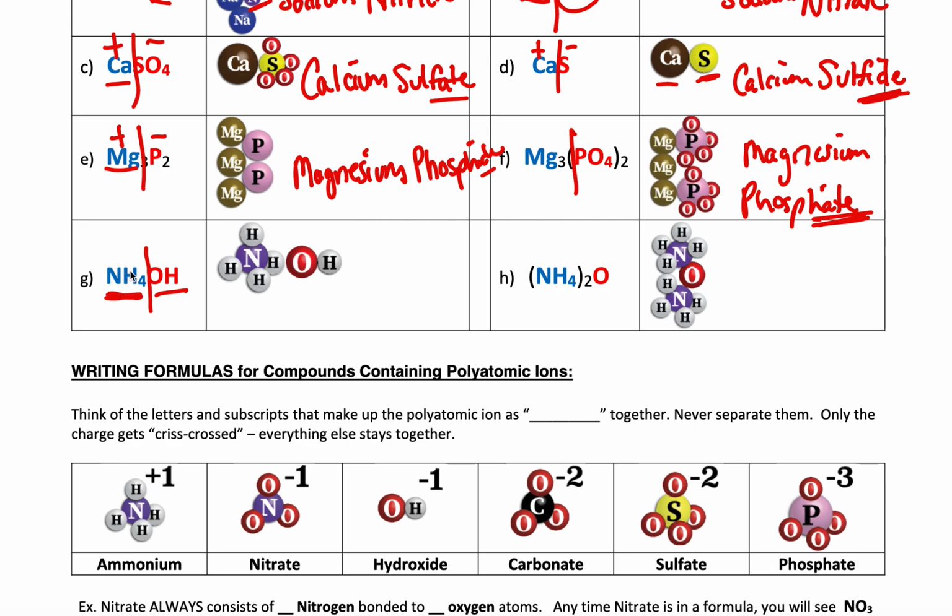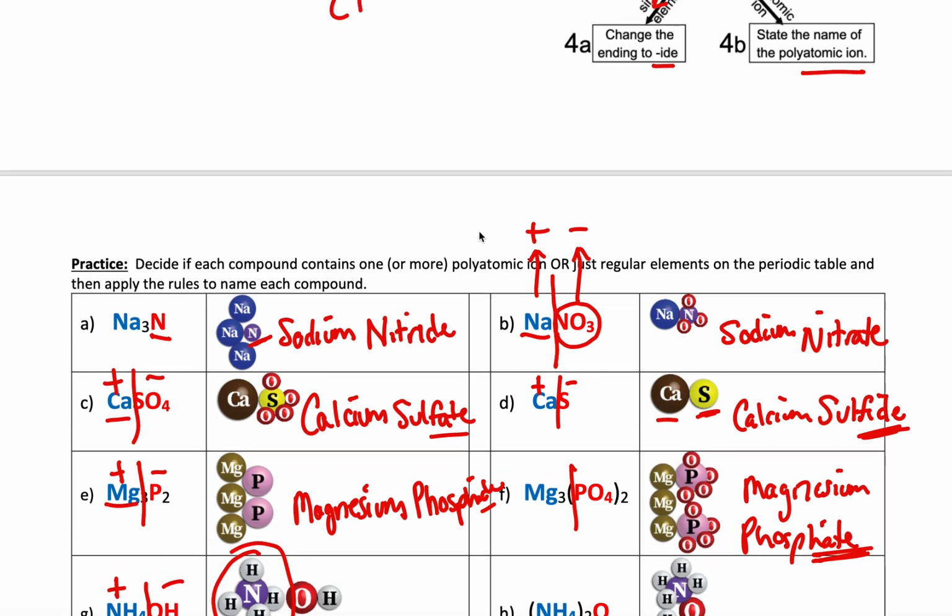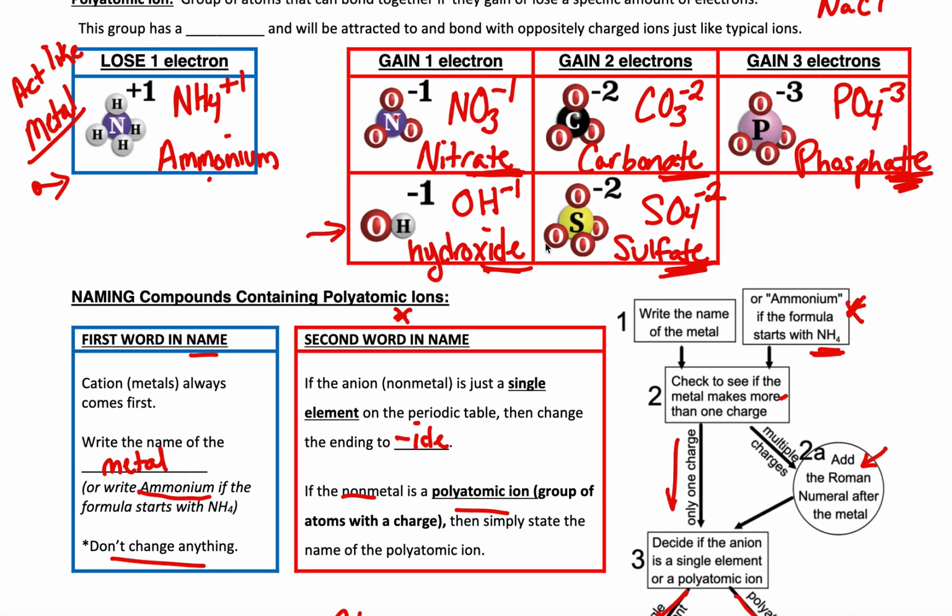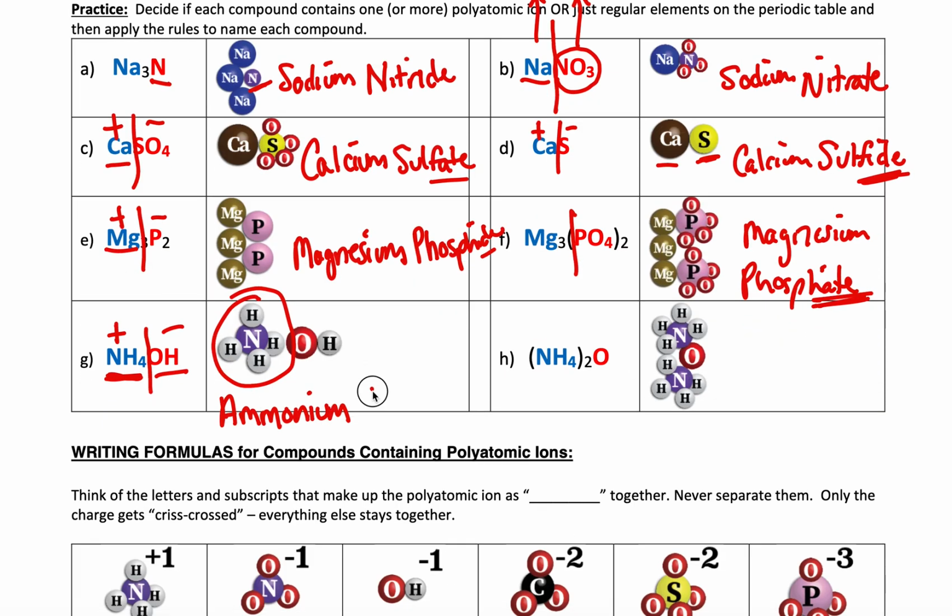Typically, it's a metal, but every once in a while, you're going to come across this ammonium group. So I write ammonium. And then, if that's my positive cation, what's this thing? Well, that's more than 1 atom. So it's not just 1 element on the periodic table. I have to go back to my groups here, and I look it up, and oh, that's my hydroxide ion. Hydroxide. So I write ammonium hydroxide.